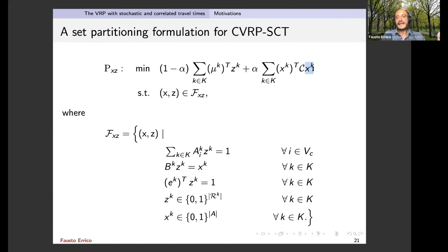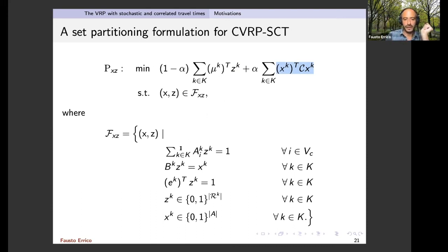Then we need something to retain which arcs have been traveled by which vehicle, and this carries the variance part. So X are the second set of variables, carrying the arcs.